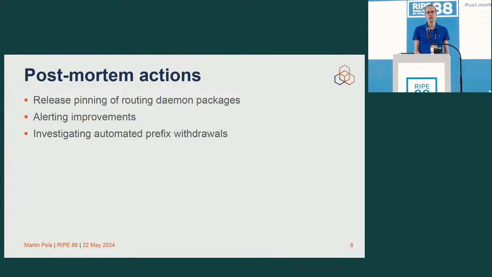And we're investigating if we can do automated withdrawals of prefixes if there is a problem with a particular hosted box. We are being very careful with this because we don't want to get into a situation where we automatically withdraw our Anycast prefixes on all of the instances and turn off the entire service. But that's something we look into for individual cases.